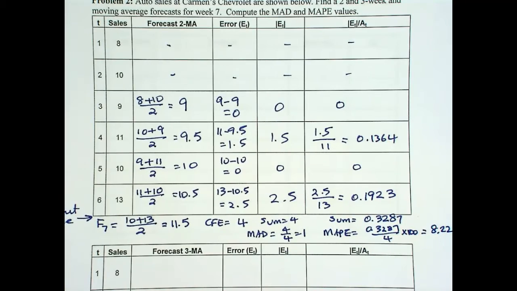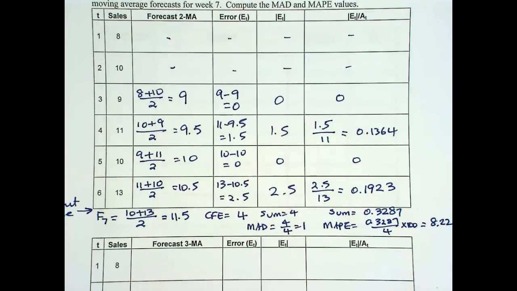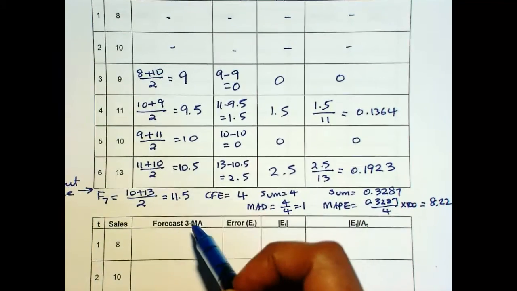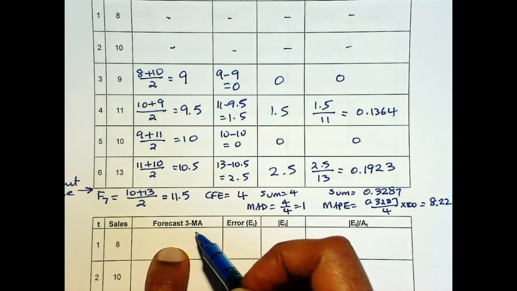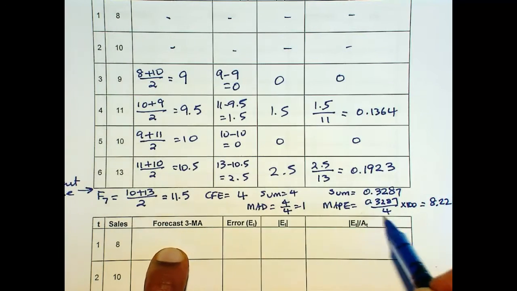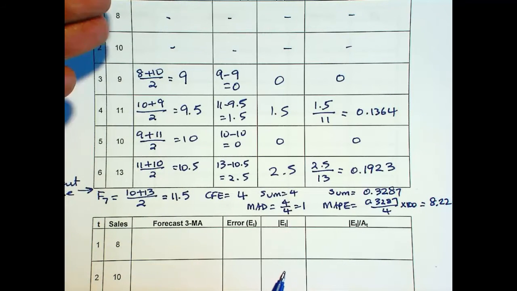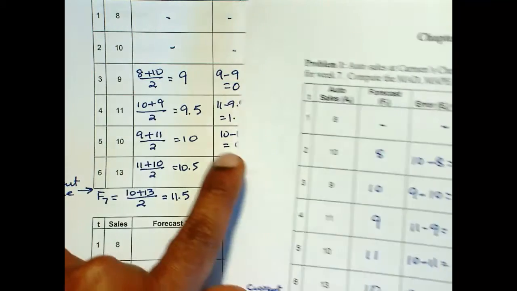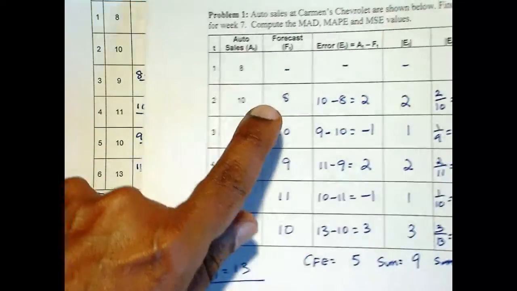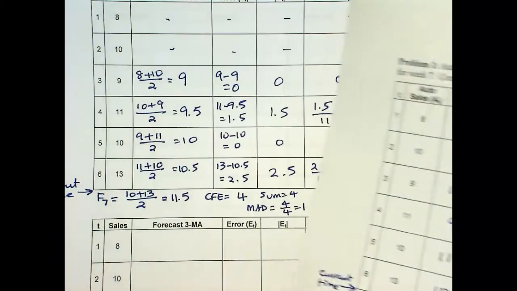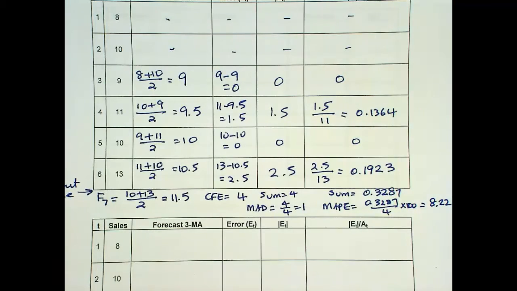Okay. Now let's see whether computing 3-period moving average will decrease the error rates. So in that case, maybe 3-period moving average is better than the 2-period moving average. Now we know that for the same data, when we used the naive model, the MAD was 1.8 and now it is 1.